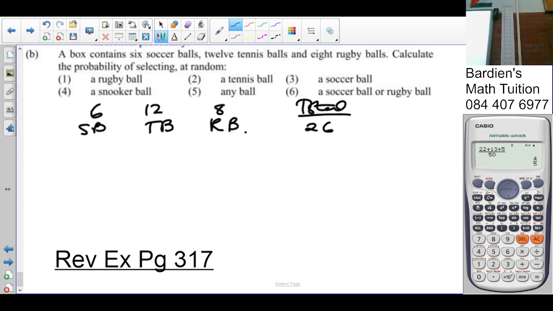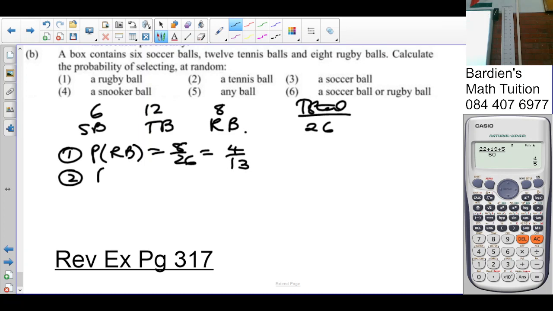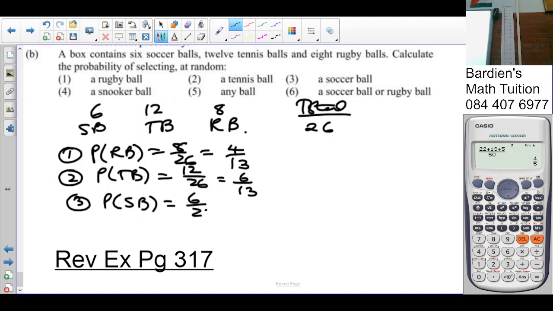Okay. So number 1, what's the probability of you drawing a rugby ball? 8 out of 26, which is 4 out of 13. Number 2, a tennis ball. It's going to be 12 out of 26, which is 6 over 13. Number 3, a soccer ball. 6 out of 26, which is 3 out of 13.